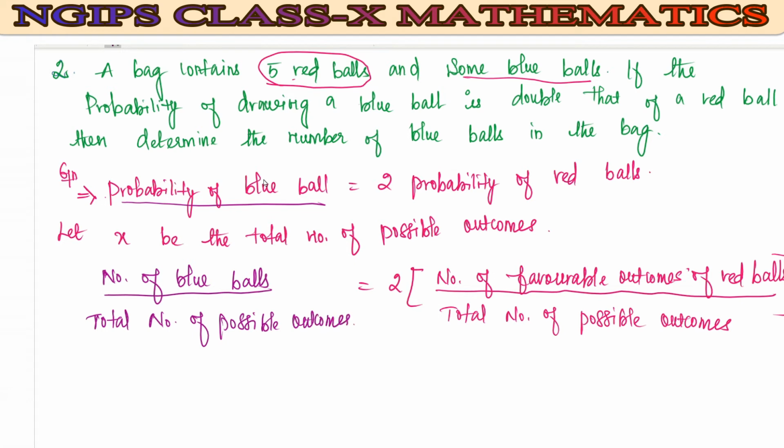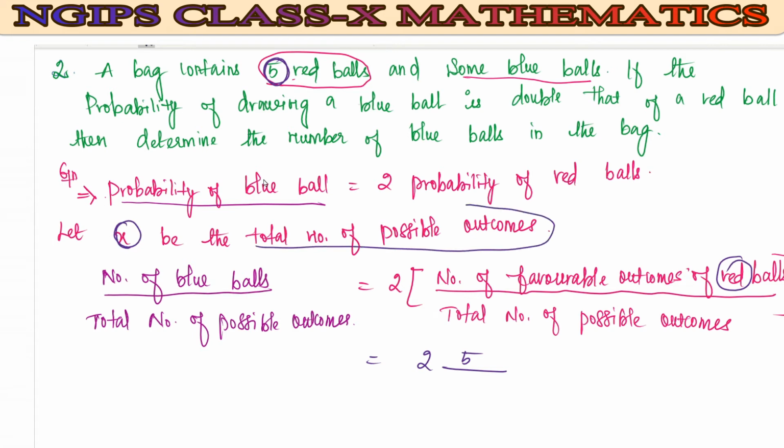Okay, now here we have red balls, it is 5. So I can write 2 into number of red balls, here we have the red balls, it is 5, divided by total number of possible outcomes. I have taken x as the total number of possible outcomes.